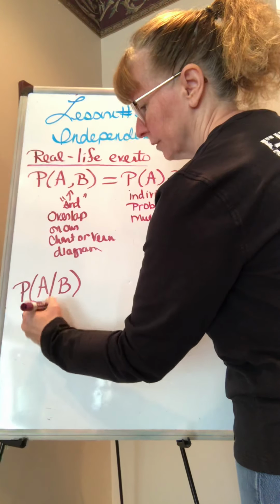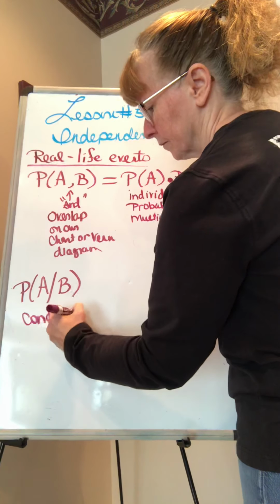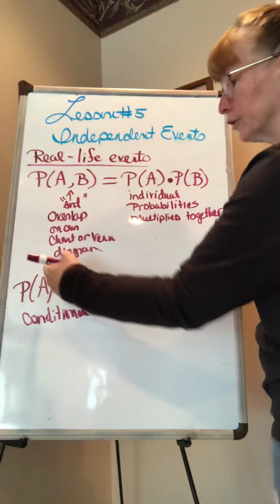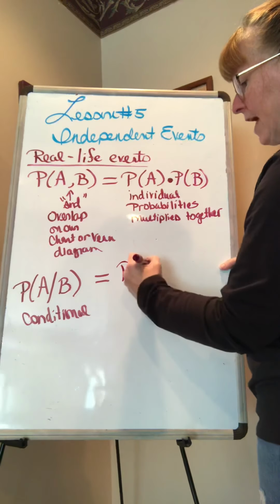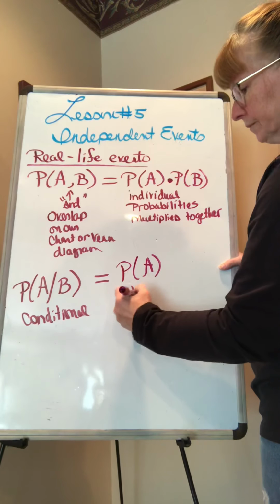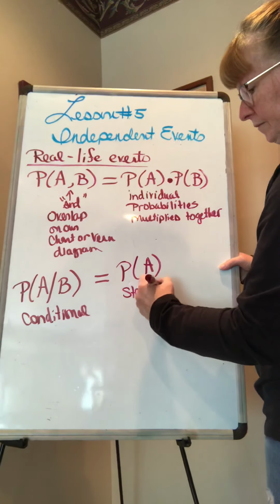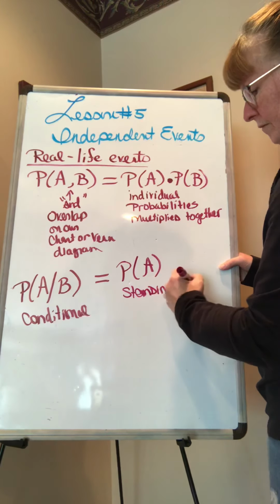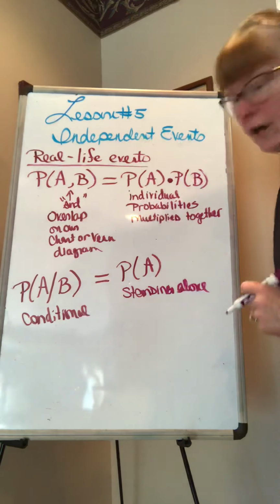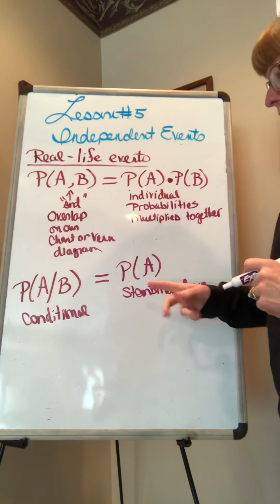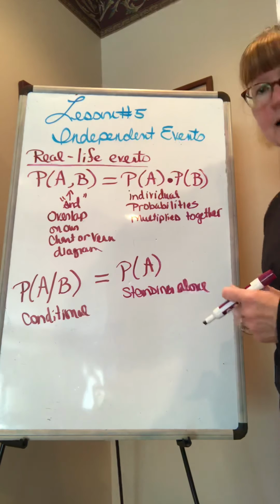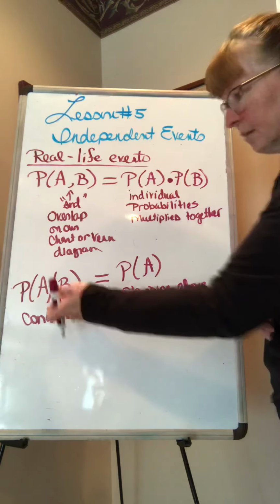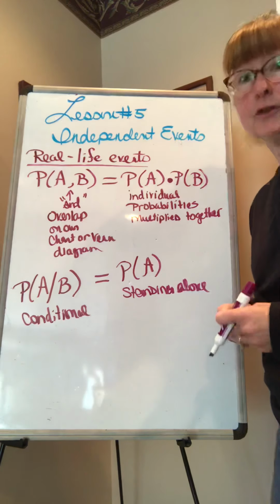If the conditional is equal to the first part, the probability of A standing alone, you're independent of each other, because the condition didn't matter. This probability all by itself doesn't get affected by the conditions around it. That makes you independent.